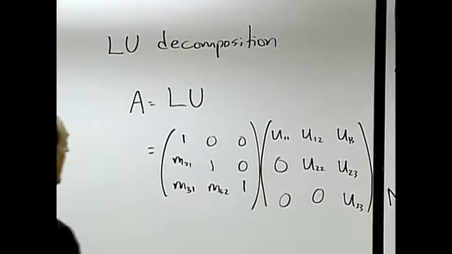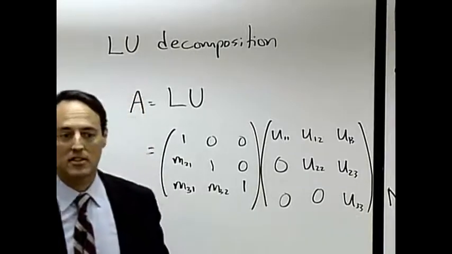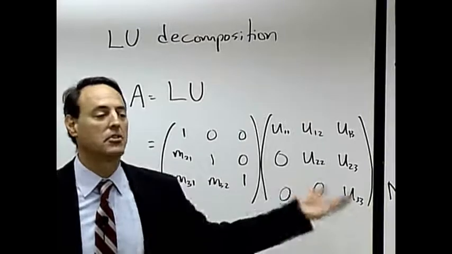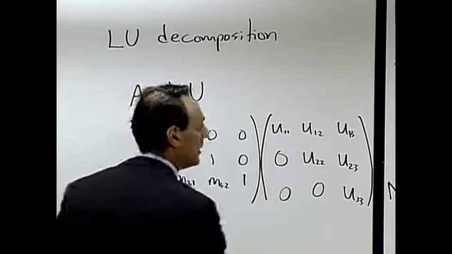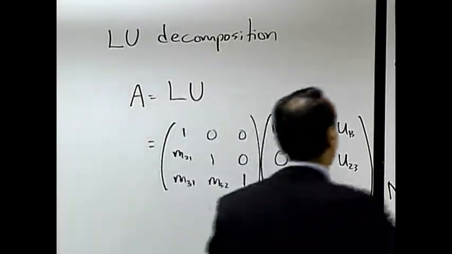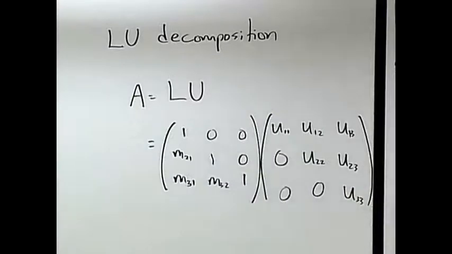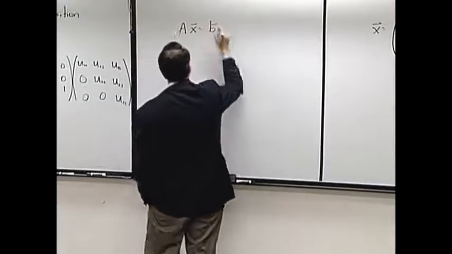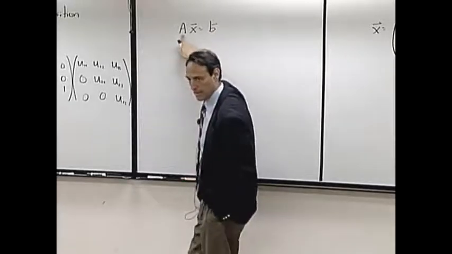Okay, so big deal. What if we can do this to a matrix? What if this matrix has this LU decomposition? Here's the big deal about it. Let's assume A now has this LU decomposition.